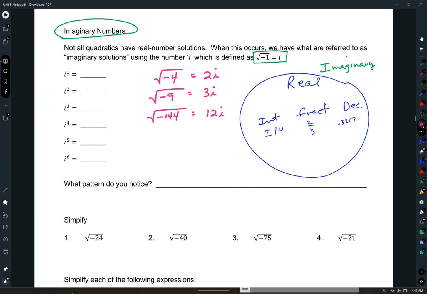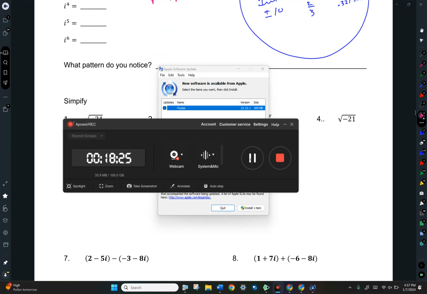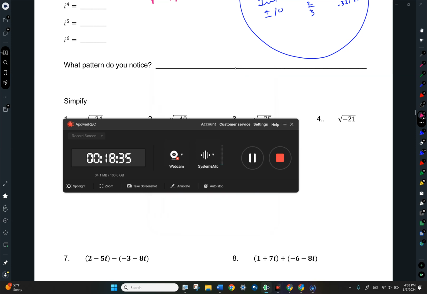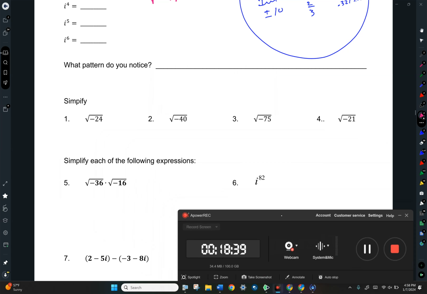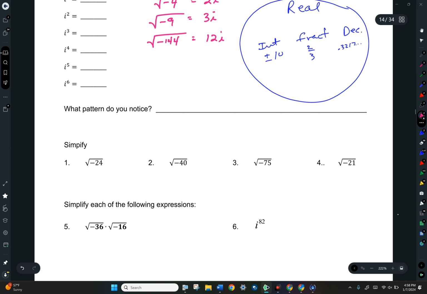So let's look down here at number 1. Now, what if it's the square root of 24? What if we're trying to simplify number 1 here, square root of negative 24?